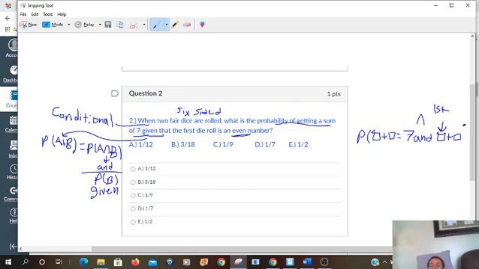We're going to find the intersection of both of those events happening at the same time, and how we do that is we count all those ways. Since we're trying to sum to 7, we look at how we could sum to 7 with 2 dice, given that the first die roll is even.